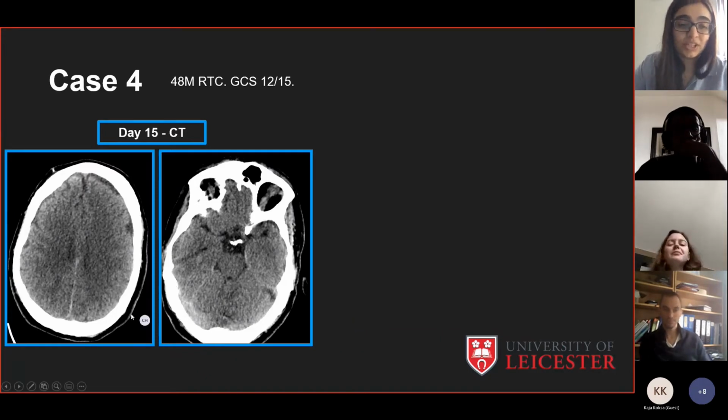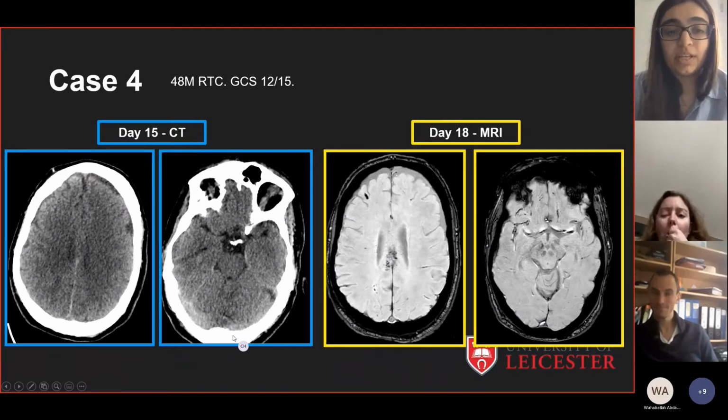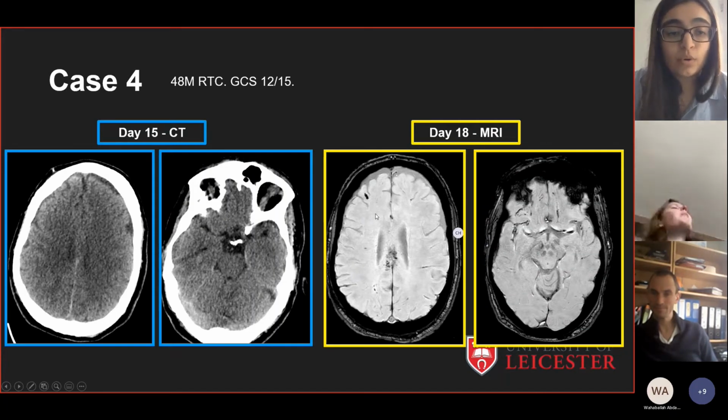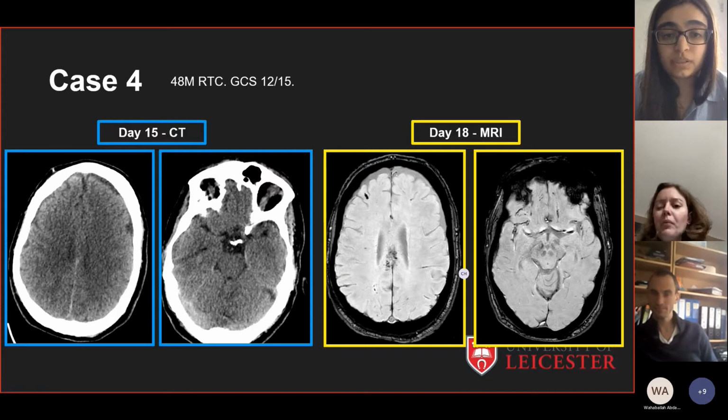Okay, it's a slight trick question. There's no abnormality you can see as such. But I only say this because when we go ahead and do the MRI, there are multiple abnormalities that we can find. The MRI and the CT are taken at the same slices so we can have a comparison.